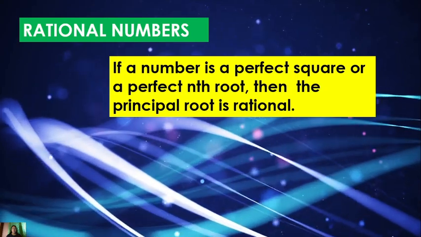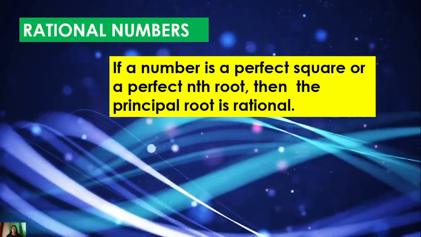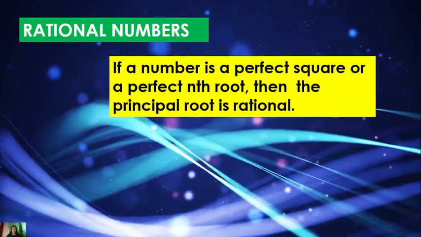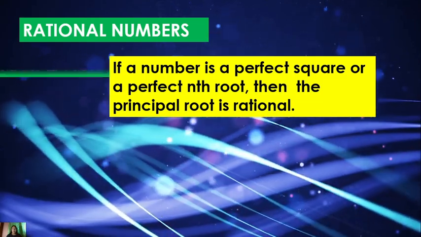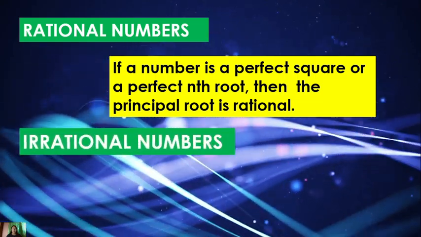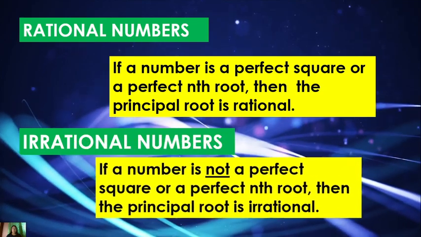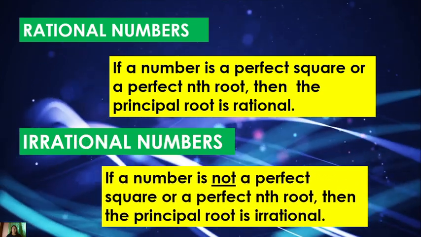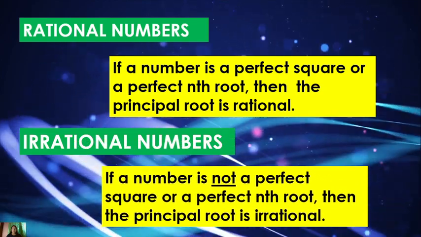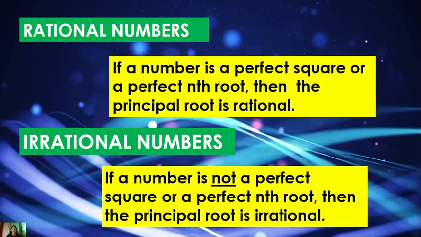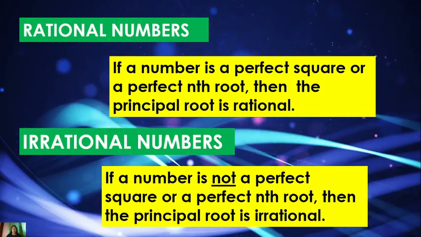If a number is a perfect square or a perfect nth root, then the principal root is rational. And an irrational number: if a number is not a perfect square or a perfect nth root, then the principal root is irrational.